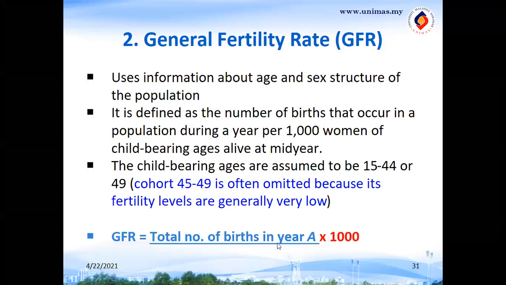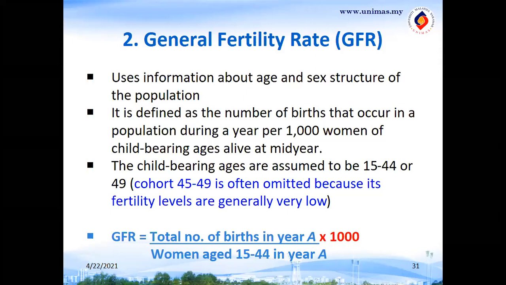number of birth. Okay, so dari segi formula ataupun equationnya, the GFR will be equal to total number of birth in the year, contohnya in the year 2020, divided by the number of women who are aged between 15 to 44 in year 2020, for example, and then you times it by 1,000. Okay, so that is the formula.